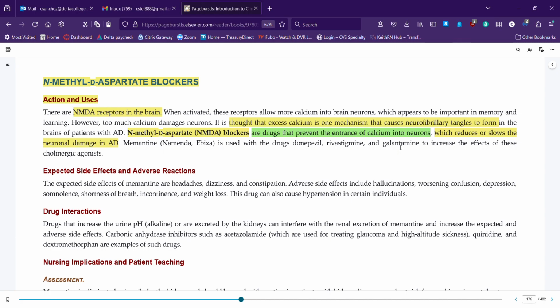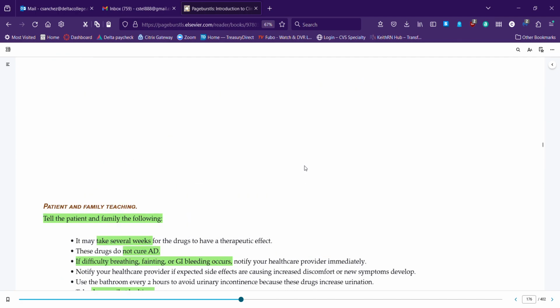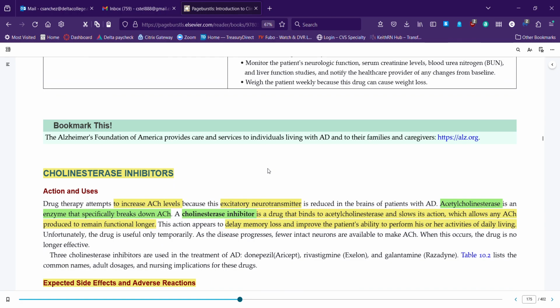And then the generic, which is the most common that we're going to see nowadays, is going to be memantine. So memantine is our generic for Namenda. Usually anytime you have a patient on one of the prior drugs that we talked about, it's usually in combination with the Namenda or the memantine.